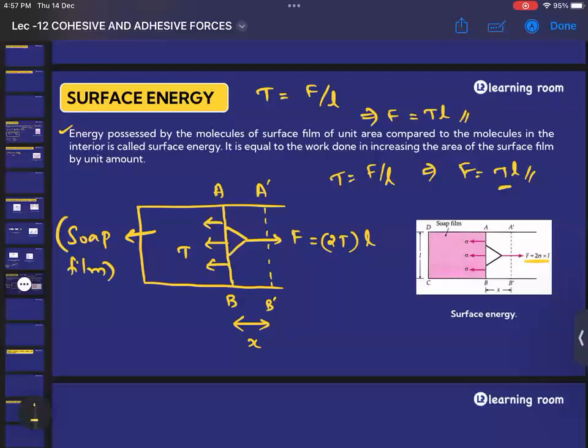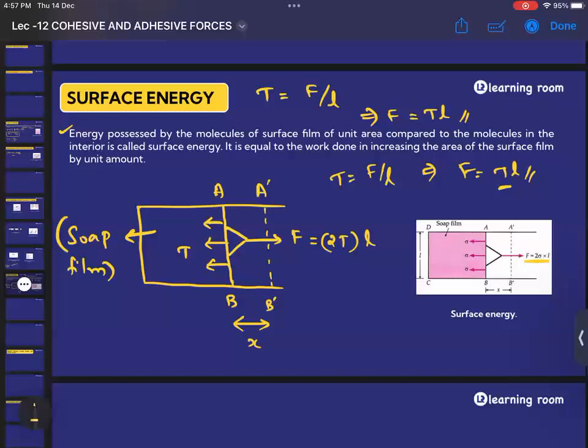When the thread moves from AB to A dash B dash, is there an increase in the surface area of the rectangle or a decrease in the surface area of the rectangle? Increase. So why are we doing that work? To increase the surface area. So what does surface tension do? Surface tension will decrease the surface area. We, as the opposing force of surface tension, will try to increase the surface area.